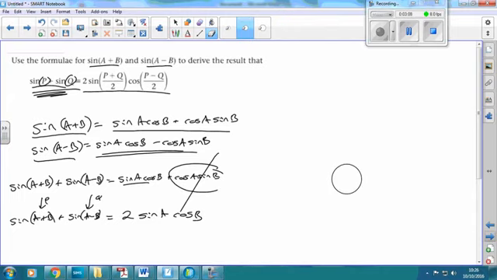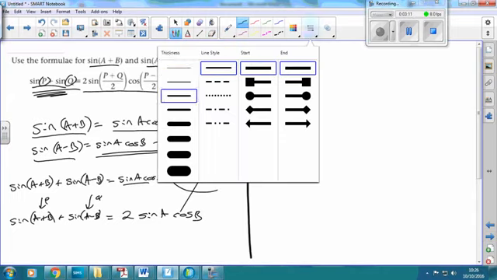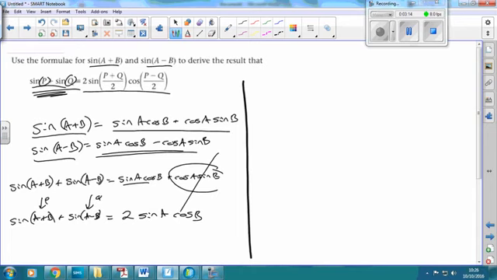If we say that a plus b equals p and a minus b equals q, then we get sine p plus sine q. That looks like the first bit of this up here, so we're going to make it look like the second bit now. We've got 2 already, so it's going to be 2 sine, but we've got sine a, so we need to work out what a is in terms of p and q.